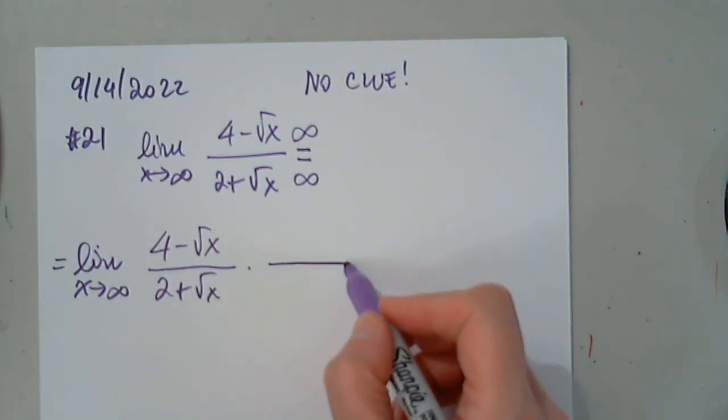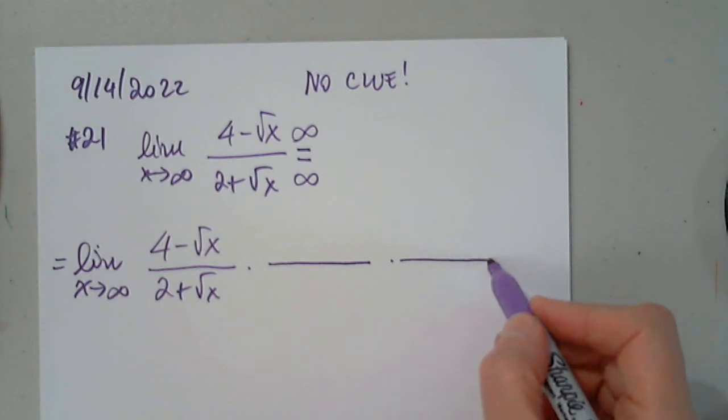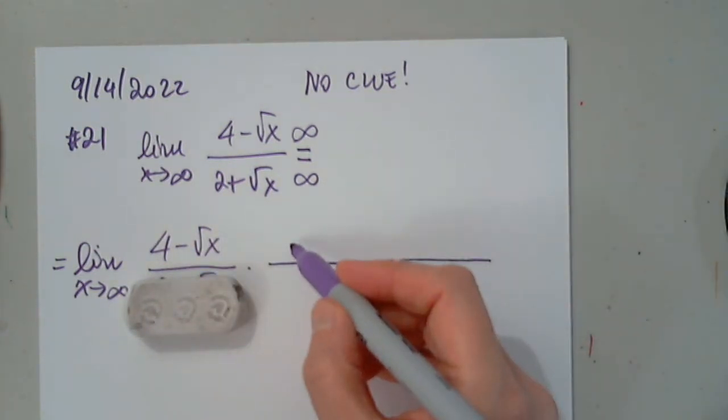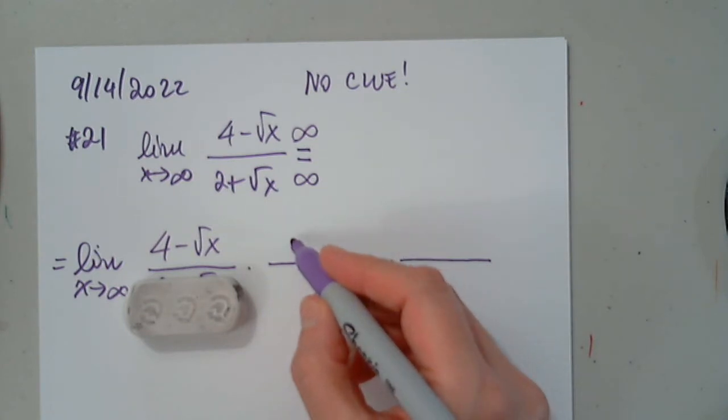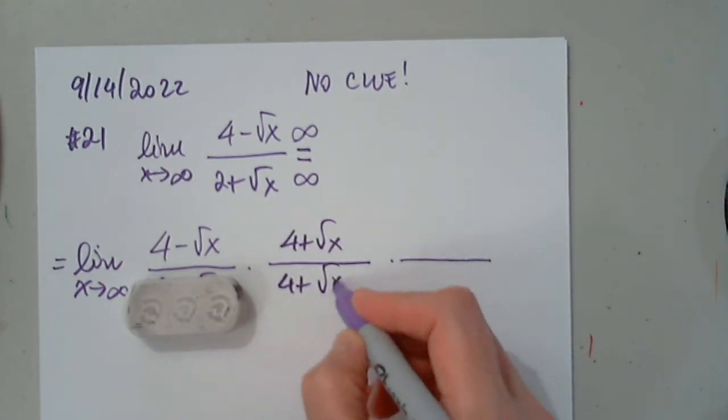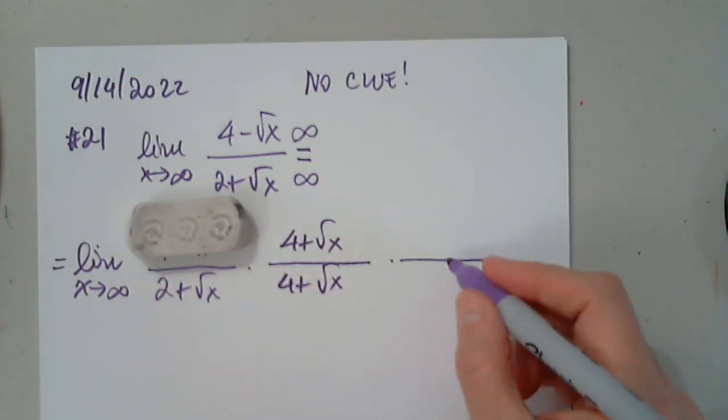What do I multiply for the numerator, and what do I multiply for the denominator? For the numerator first. Four plus the square root of x. Very good. For the denominator now.